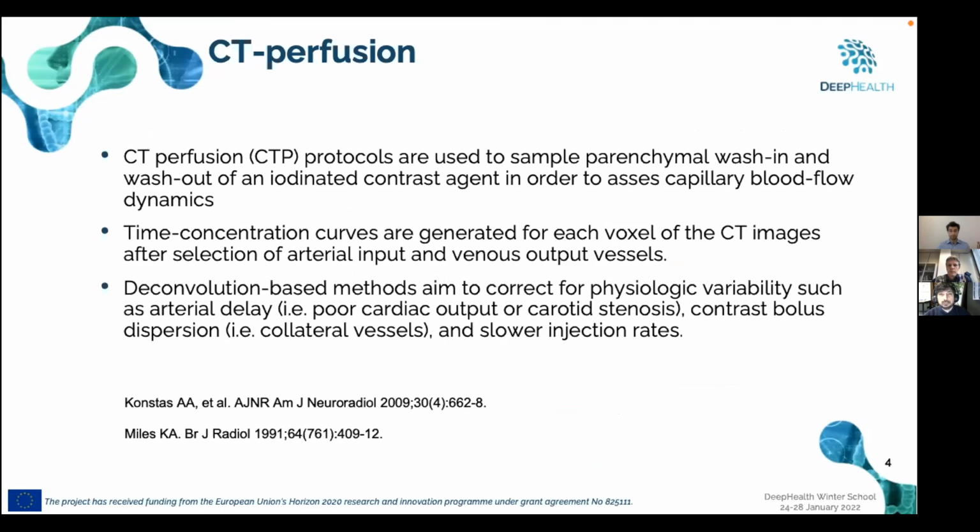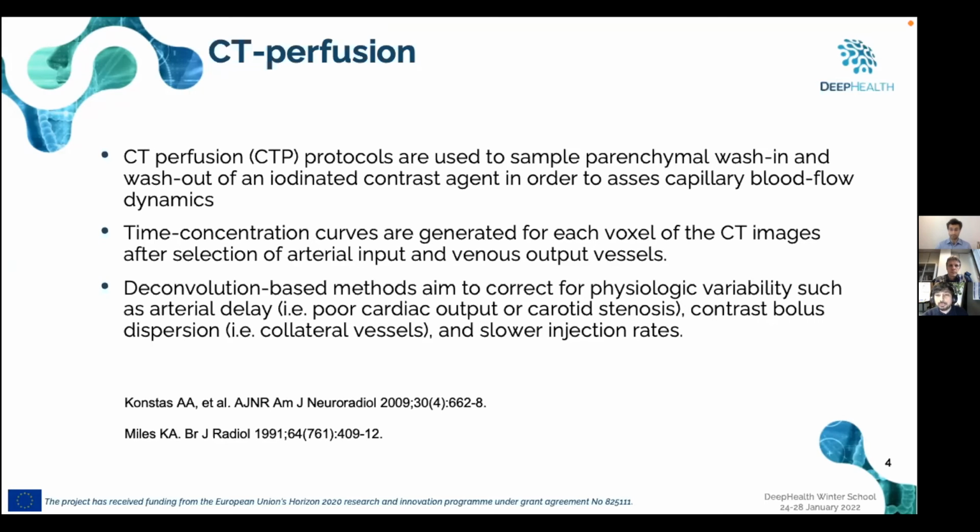In fact, we can get the dimension and the damage of the core and the penumbra area looking at this wash-in, wash-out. And basically, we use the time concentration curves for each voxel, and we try to deduce the damage of the cerebral tissue looking at these curves.